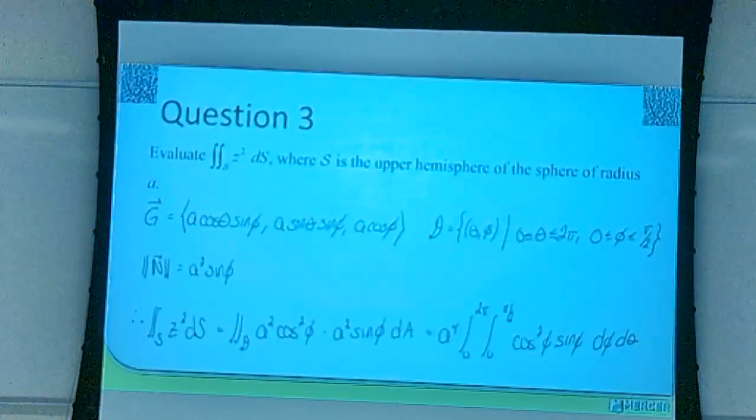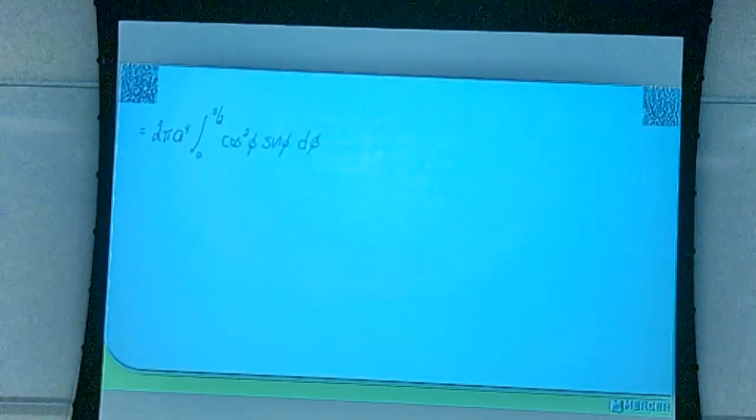Oh, but there's no theta. So if we integrate with respect to theta, we're just getting 2 pi. This is now what we're left with.